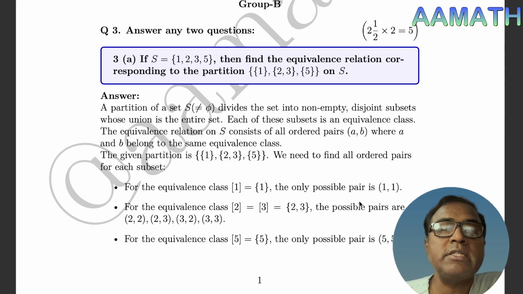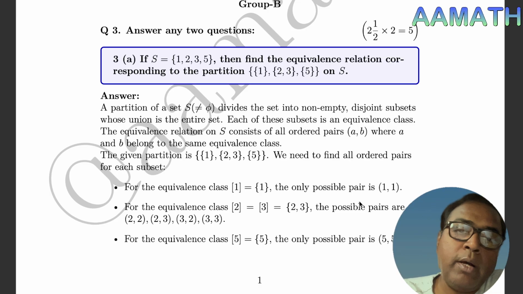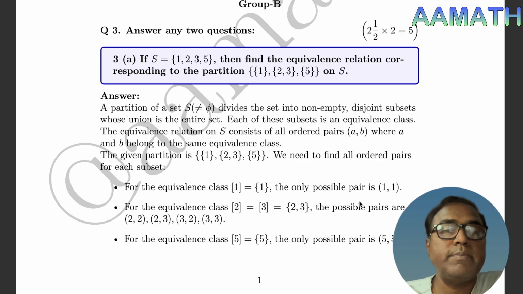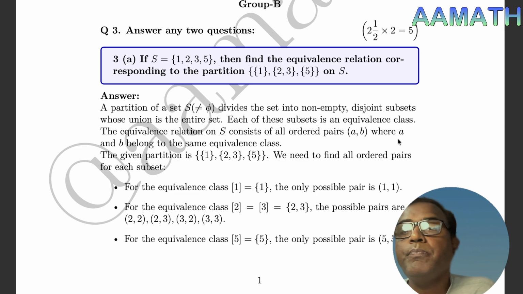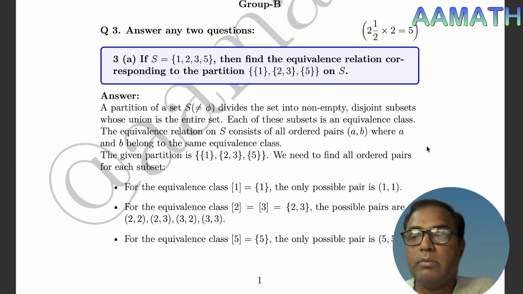The equivalence relation on S consists of all ordered pairs (A, B) where A and B belong to the same equivalence class. Hence, the given partition is this.